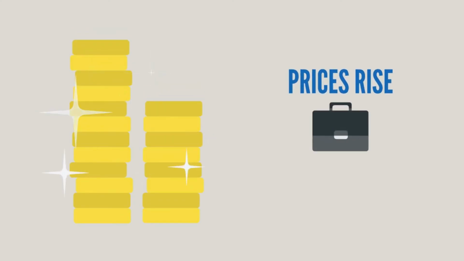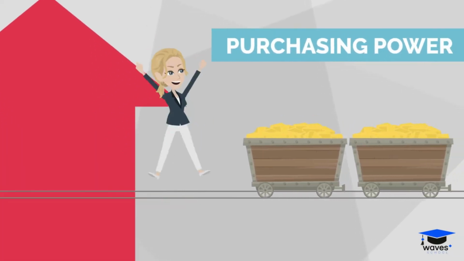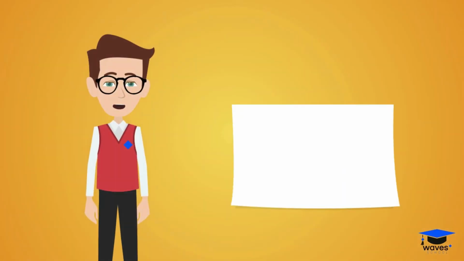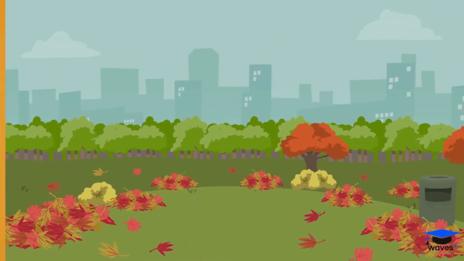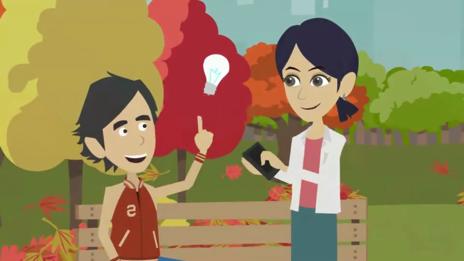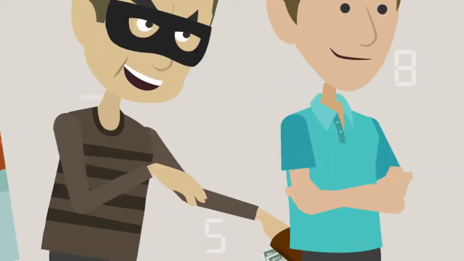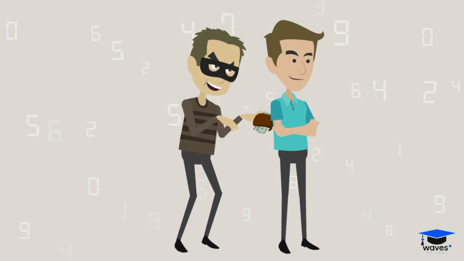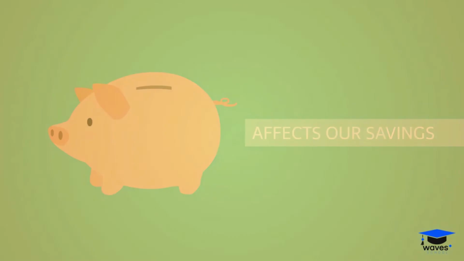Even if prices in an economy rise, wages should also rise in line with these price increases in order to maintain stable purchasing power. However, do wages always go hand in hand with inflation? At this point, you can ask yourself, how much has your salary changed over the years? Now you may understand why it is often said that inflation is a silent process that steals from us constantly, and that affects our savings.